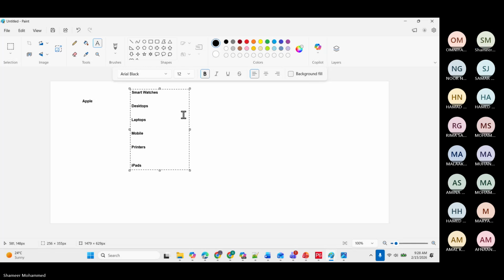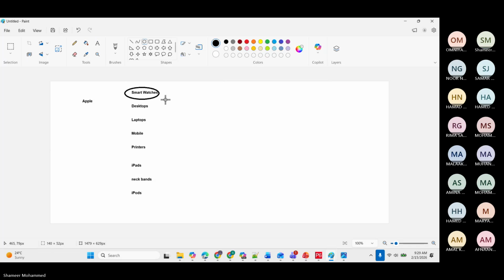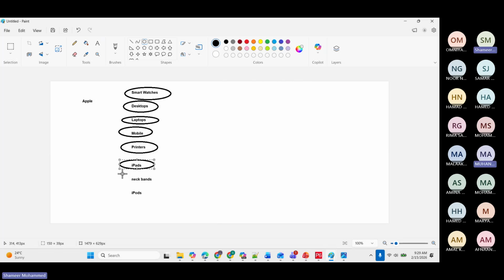All these are there. Neckbands, etc. Earpods. What are all these things? They are being manufactured under which company?